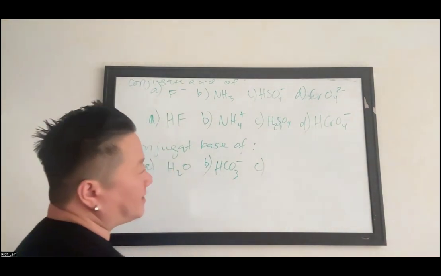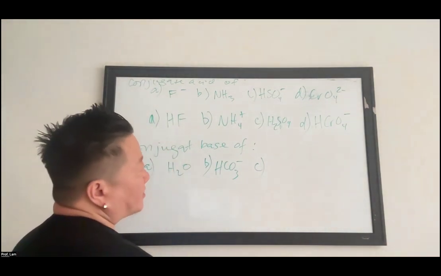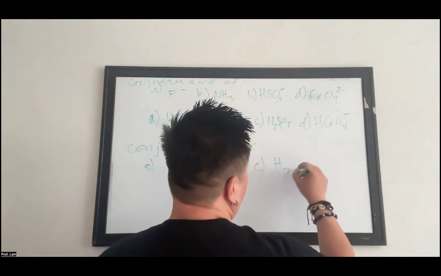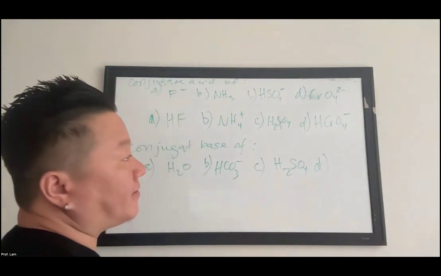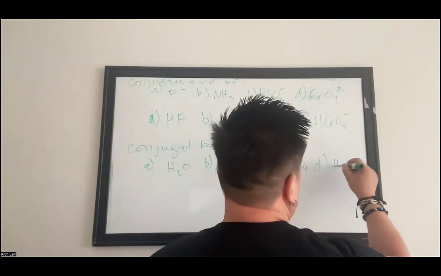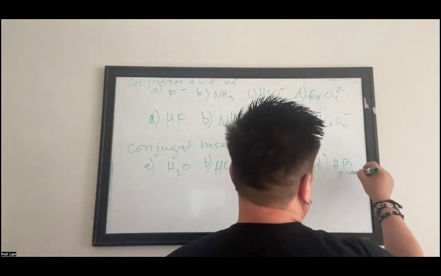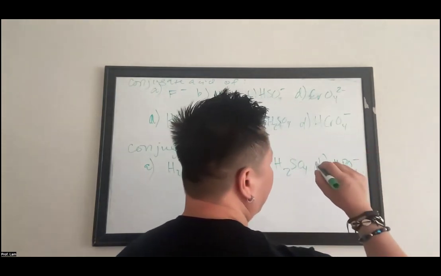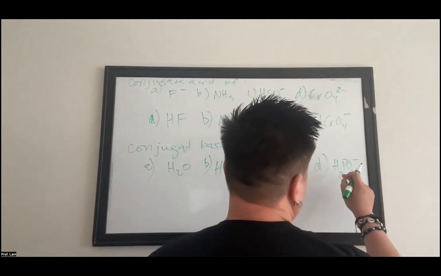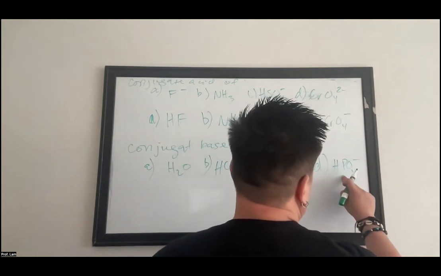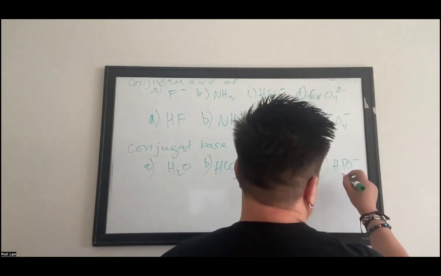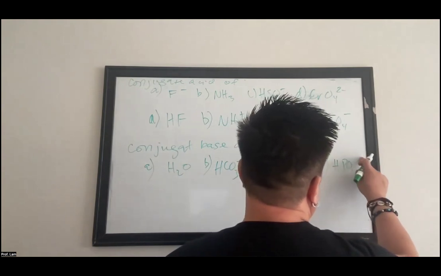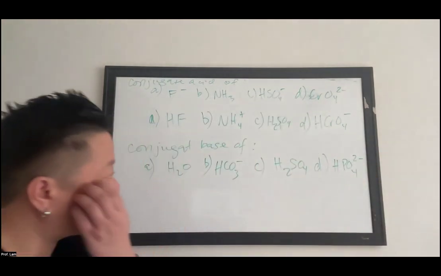What if I want the conjugate base of H2SO4? And then the conjugate base of HPO4 2 minus.